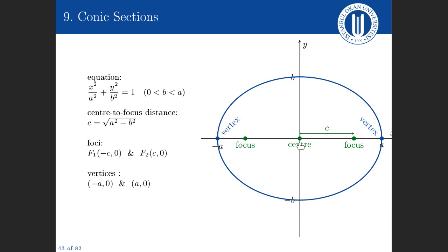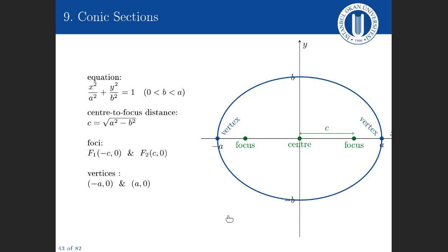The distance from the center to each focus is c, or rearranging the equation on the previous page, the square root of a squared minus b squared. The foci are (minus c, 0) and (c, 0), and the points where it crosses the x-axis, the longer axis, are (minus a, 0) and (a, 0). Note that the vertices, the foci, and the center are all on the same line.